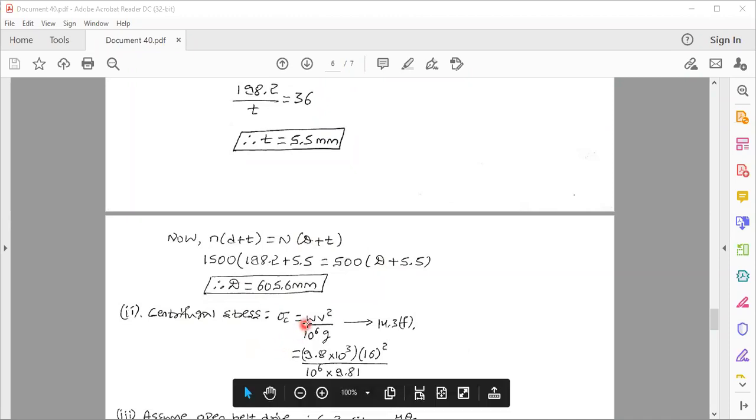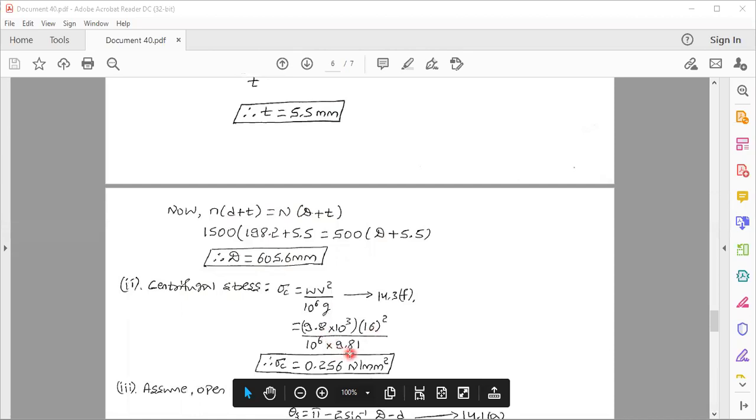Therefore, sigma c is equal to w v square by 10 raised to 6 g. W should be in Newton per meter cube. It is given 9.8 into 10 raised to 3. Velocity should be in meters per second. It is given 16 meters per second. Gravity is 9.81, in meter per second squared.